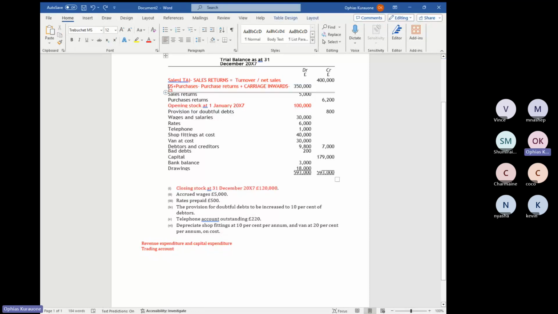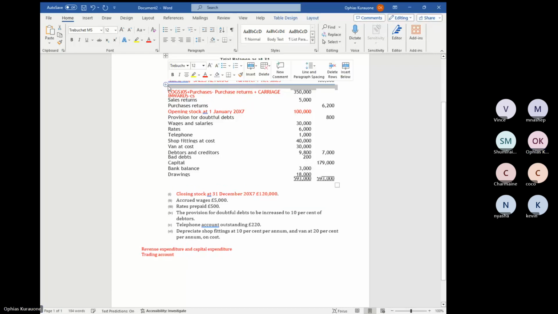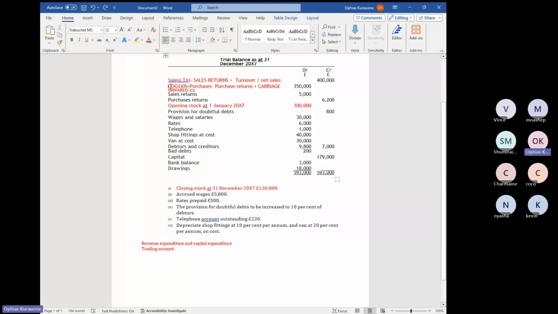So cost of goods sold consists of opening stock, add purchases, less purchase returns, add carriage inwards, less closing stock.